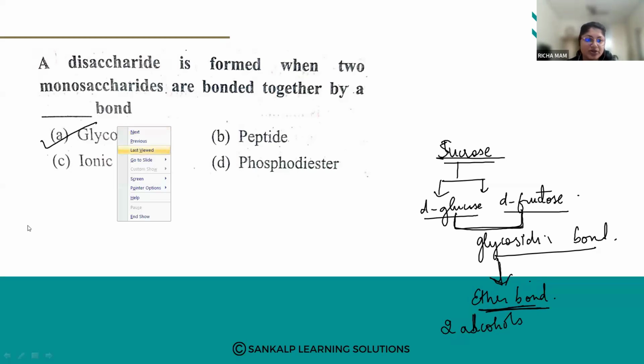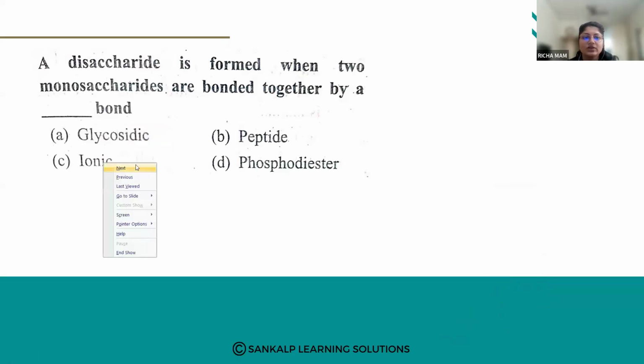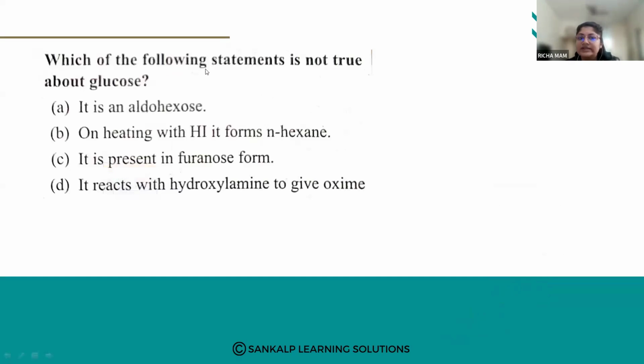So let us go for the next question. Which of the following statements is not true about glucose? A, it is an aldohexose.